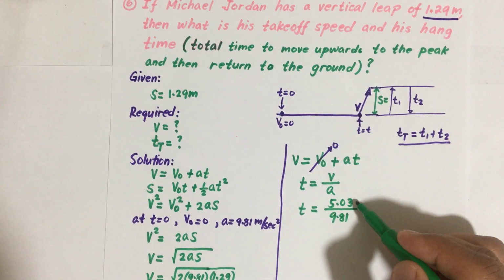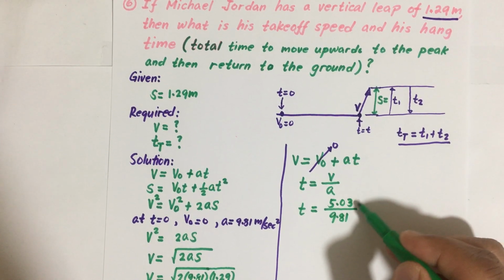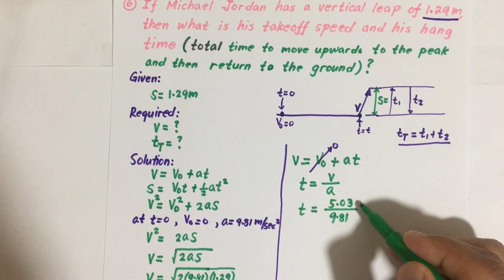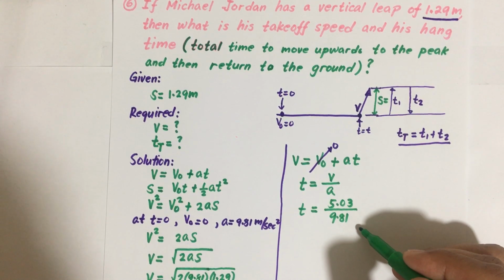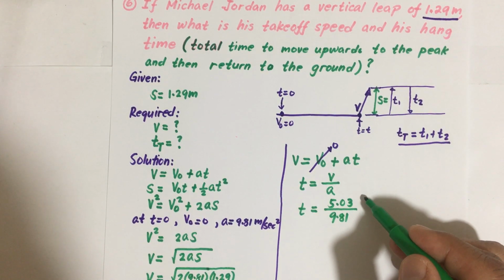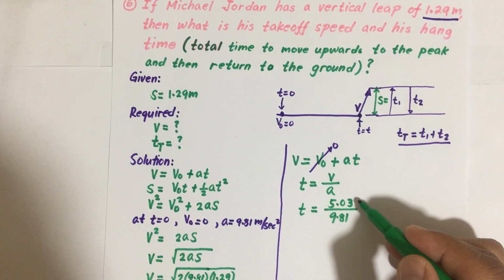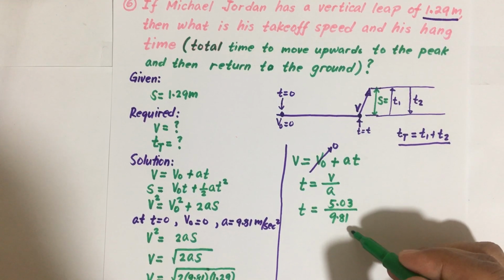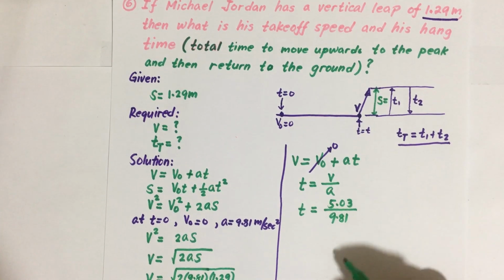So meter and meter will cancel when you divide. So we have meter per second divided by meter per second squared. One second cancels with the second in the denominator, and we have a second left, so the unit is in terms of second.